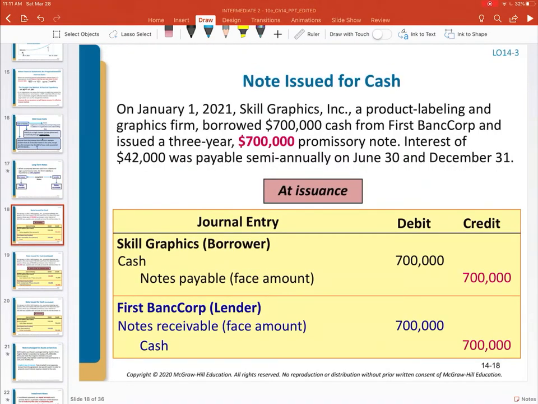The one other difference between a bond and a note is typically in the way that they are negotiated. We discussed in the previous videos that with a bond, there's oftentimes bonds that are issued for either a little bit more or a little bit less than their face amount, for a premium or a discount. The reason why we had premiums and discounts is because there was a time lapse from when the stated interest rate was decided on by the company, right?